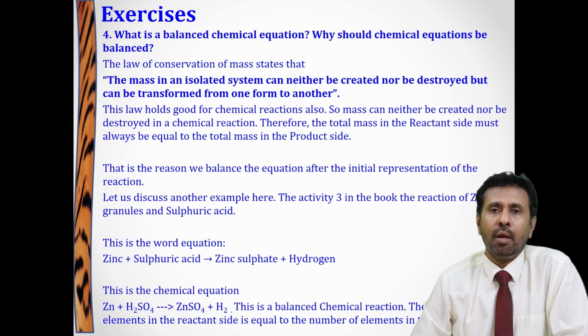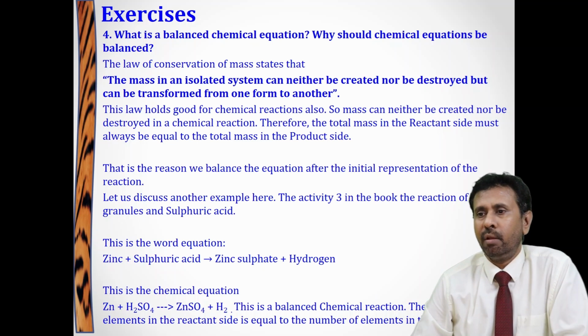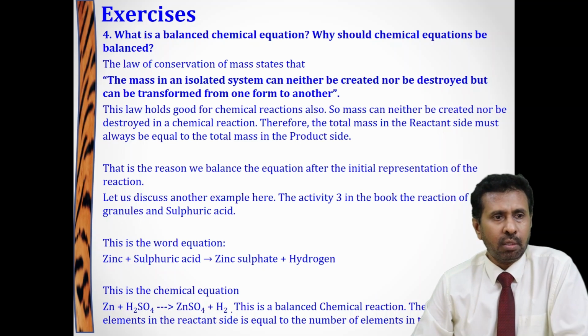It has to be balanced because of the law of conservation of mass, and any chemical reaction needs to conform to this law, and hence the reaction needs to be balanced. All the examples given here we have already discussed in the previous videos, so you can just read through that and you will easily understand what it means.